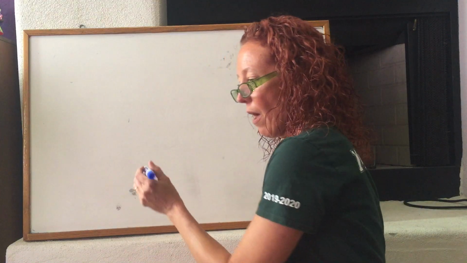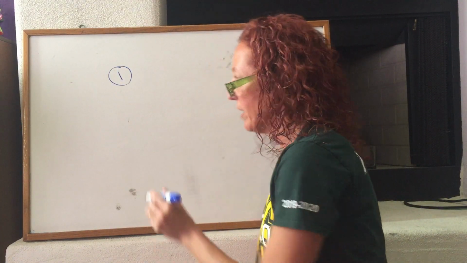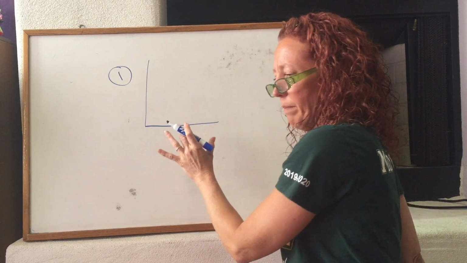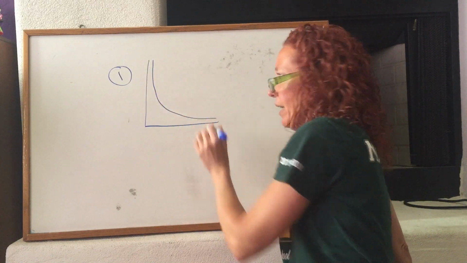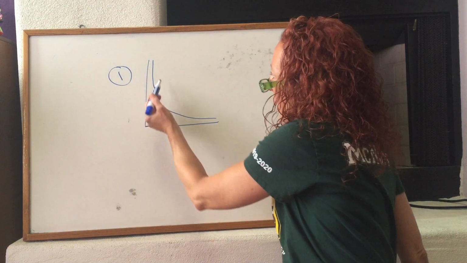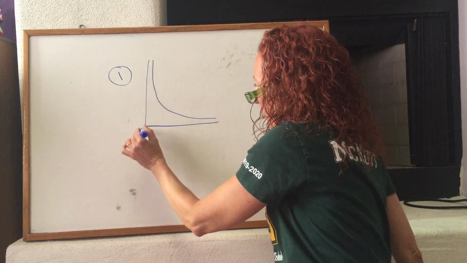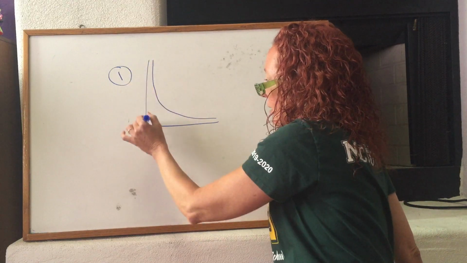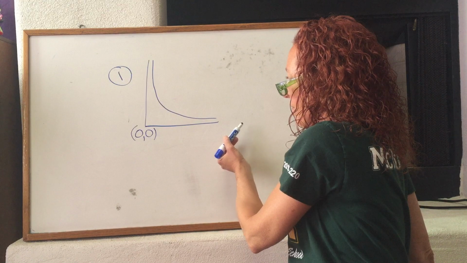So I've got my laptop here. Number 1 says find the domain and range. If you just look, all of the action, so to speak, is happening in that first quadrant. As this goes up, it's approaching the y-axis, and so it's going from 0 all the way out to infinity.